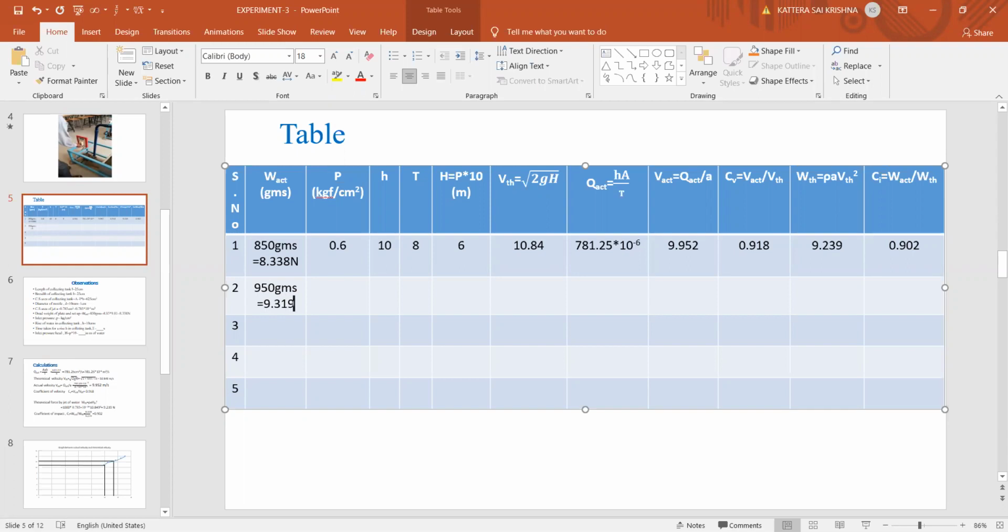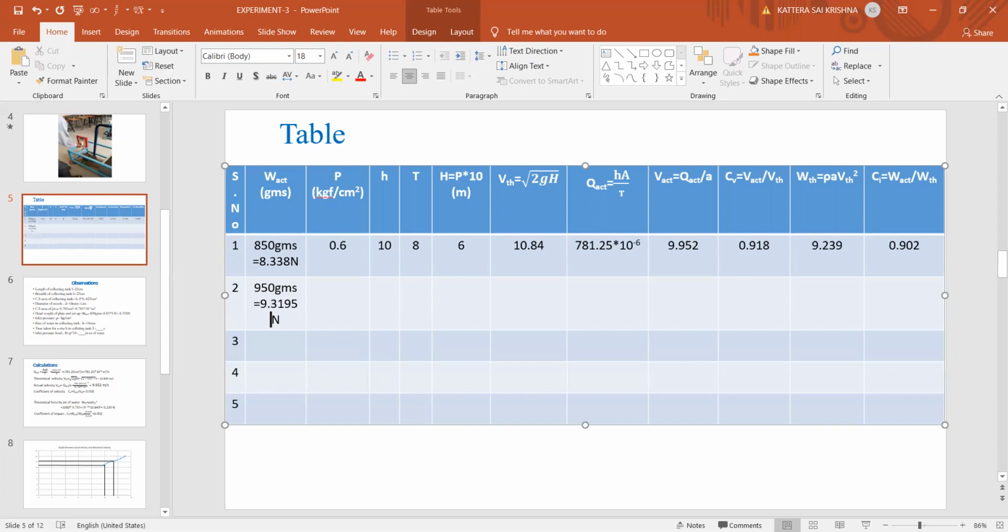So this is in Newton. Next, so pressure reading which you are getting in the second one is 0.7. So next H value is 10 centimeters. So time taken for this is 7.6 seconds.